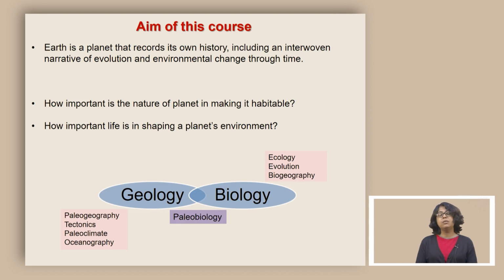Using all of these, we will try to address why Earth is a habitable planet, and once it is habitable, how did it change with time? The way we see Earth today, what part of it was a contribution of life? And I am hopeful that the history of life through time will show you how Earth evolved as a planet in interaction with life, and in turn also changed the life on Earth.